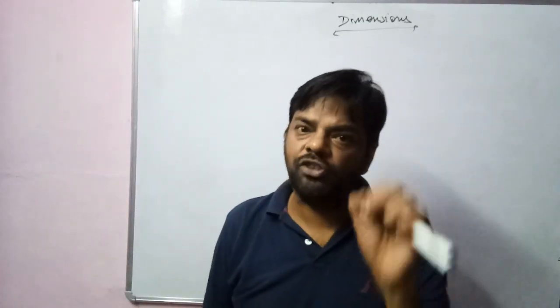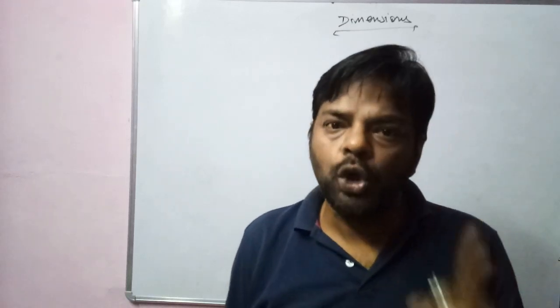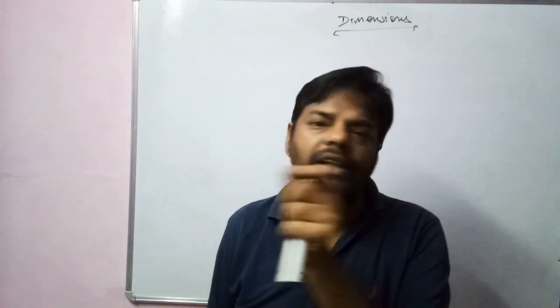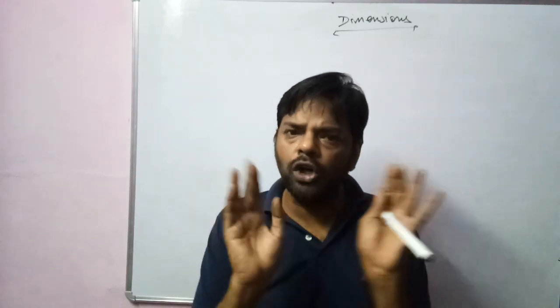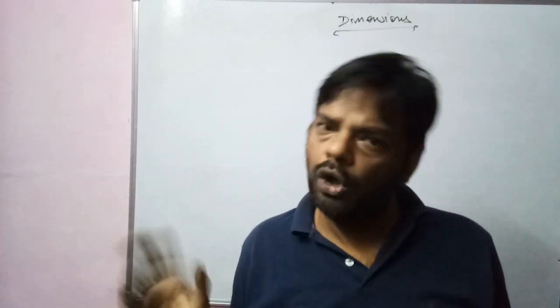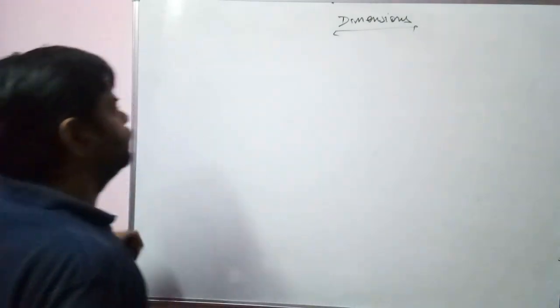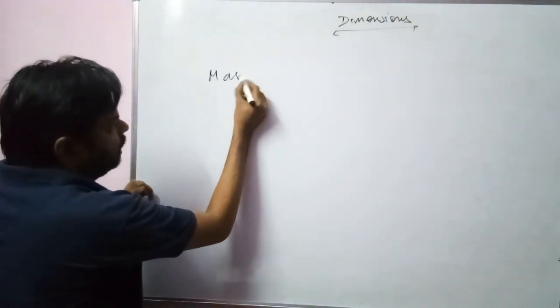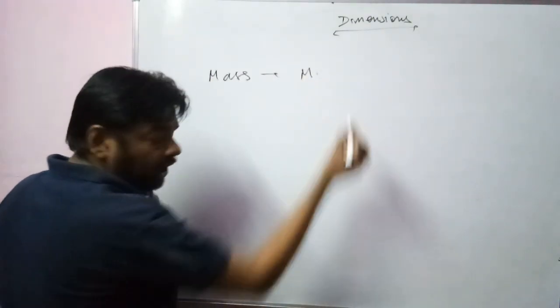Now, friends, I will give you the stepwise approach to derive the unit of a physical quantity. But before that, I have to write out the unit for mass, length and time. Why? Because we will require them. Friends, remember, the unit of mass we are not going to use as milligram, gram, kilogram like that. We are just going to use a symbol.